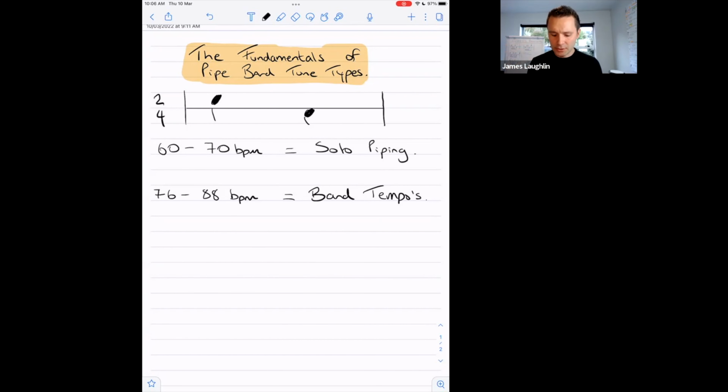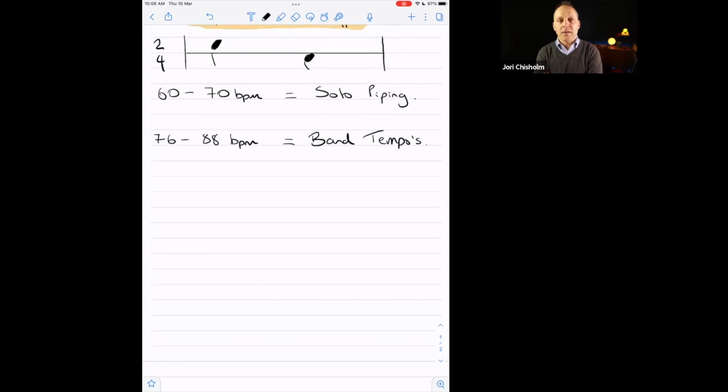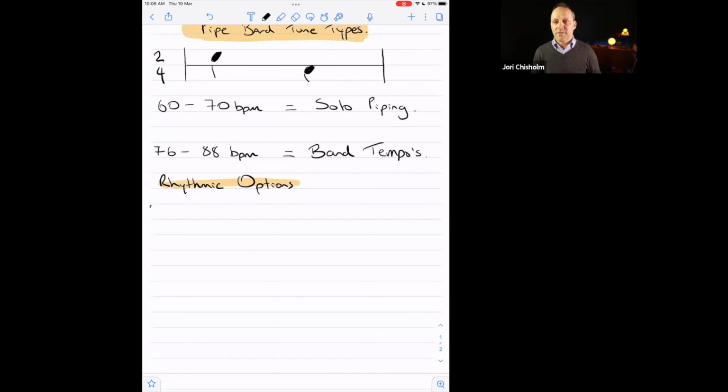Well, it depends on the complexity of the tune. And this is probably the way you could most easily distinguish a more complicated or difficult tune from a simpler tune: how many notes do you have in each bar or in each beat. So the simplest would be just a quarter note on each beat.